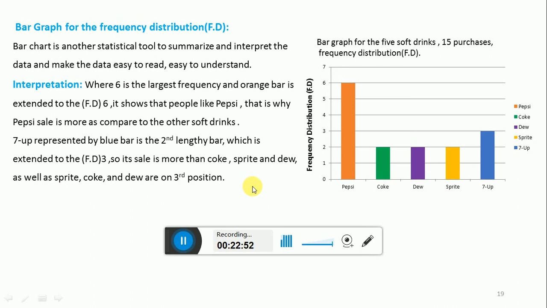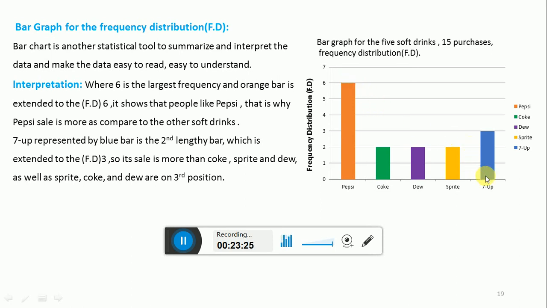So from this bar graph, the first orange bar, which is extended from 0 to the frequency 6, tells us that this is the largest frequency and the largest bar, and it shows that people like Pepsi and the sale of Pepsi is more relative to all other soft drinks.